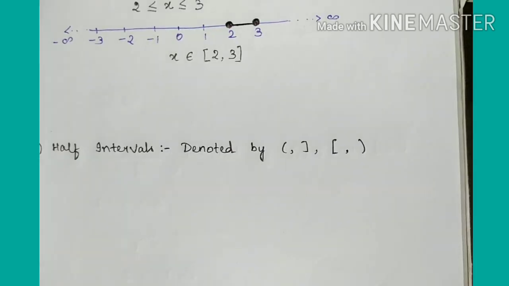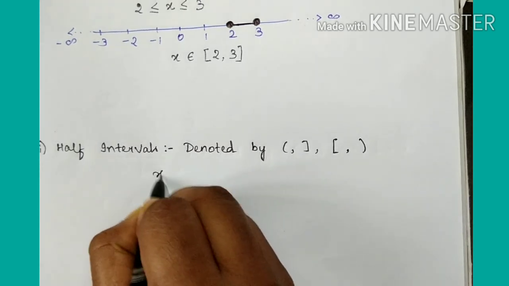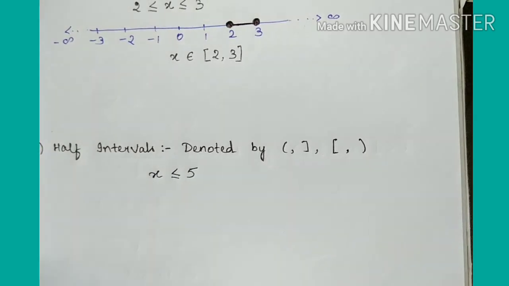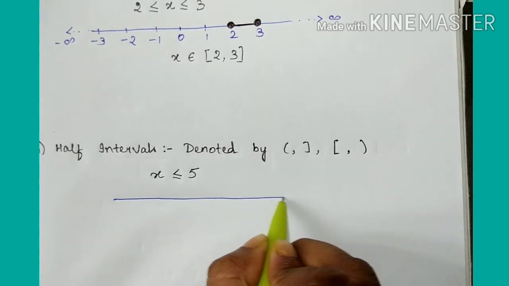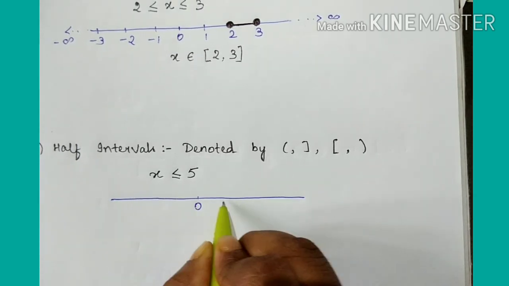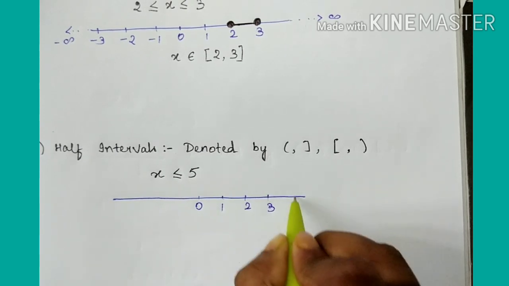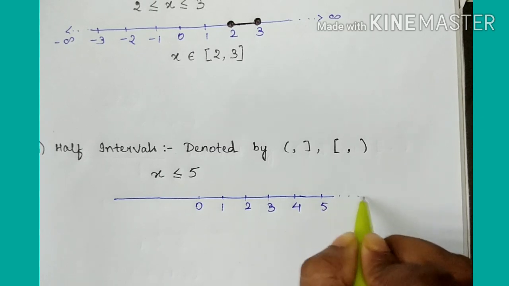Okay, now let's see what is half intervals. Suppose we consider the example x is less than or equal to 5. We draw the number line. 0, 1, 2, 3, 4, 5 and so on.